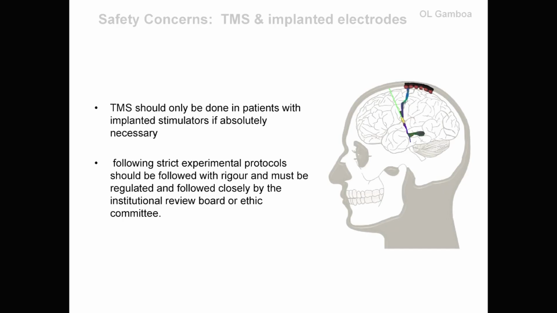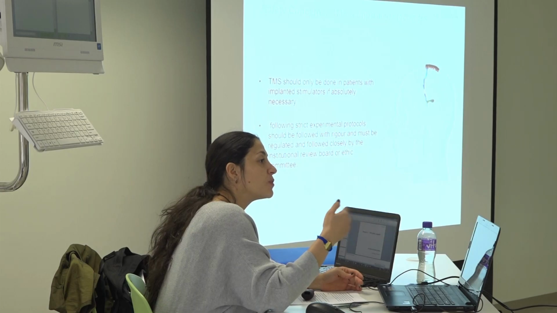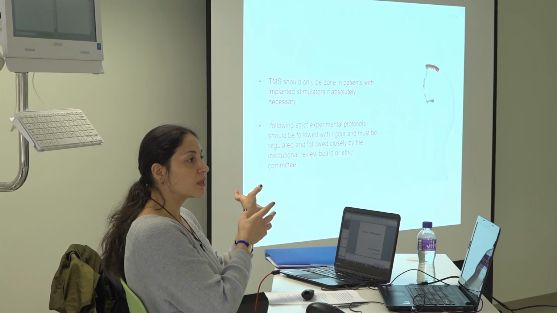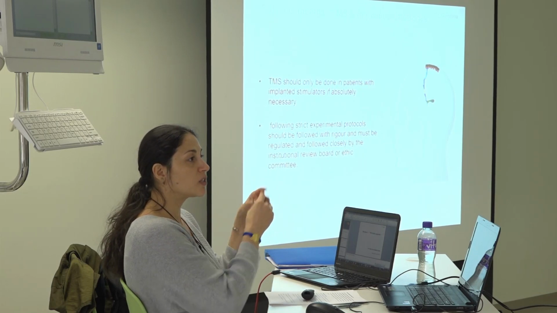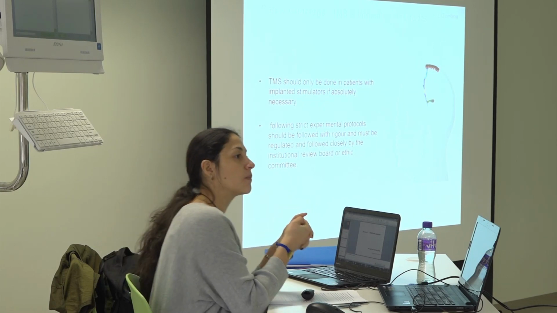TMS should only be done in patients with implanted stimulators if absolutely necessary, and you should follow a strict experimental protocol that has been accepted by your ethics committee. Fortunately, I think here is the same. You need to present your project to an ethics committee, right? So there is an institution here in the university that will approve your project or not. Is it true or not?